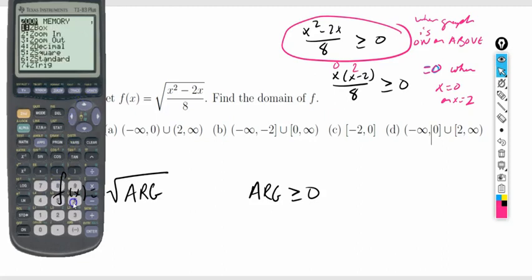And if you start with a zoom 6, you really can't tell what's going on here, so I'm going to adjust the window. I want to see the 0 and the 2 for the x values, and I'm really just going to take this from -1 to 1.